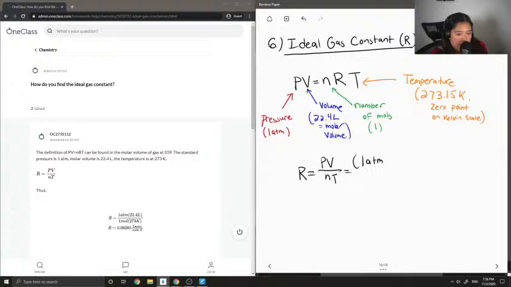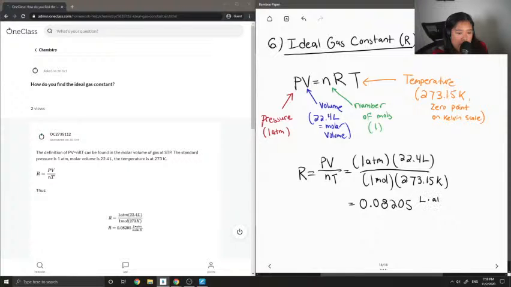So 1 atm times 22.4 liters divided by 1 mole times 273.15 Kelvin gives you 0.08205, and then the units are liters times atm over mole times Kelvin.